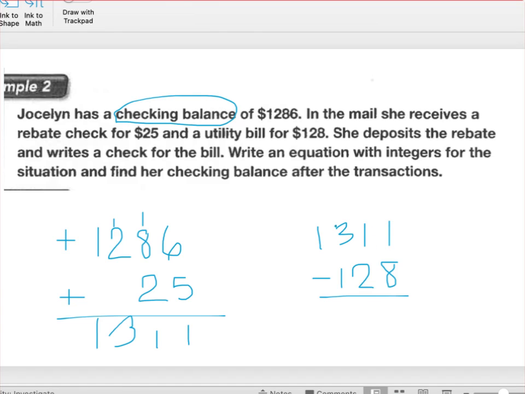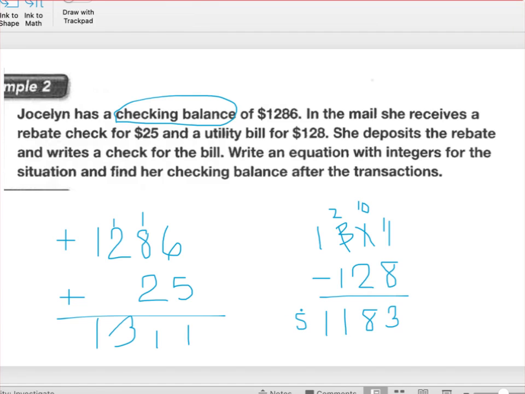So now we're going to have to make that a 0, make that a 1, so 11 minus 8 is 3. We're going to have to do it again, make that a 2, make that a 10. 10 minus 2 is 8. And then 12, take away 1 is 11.